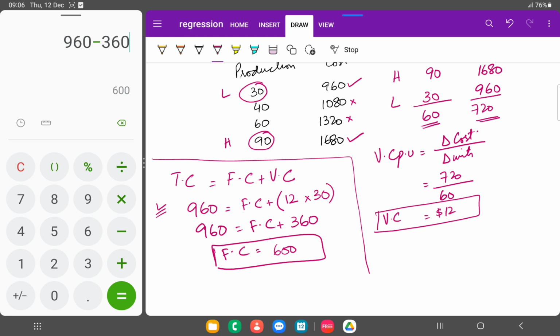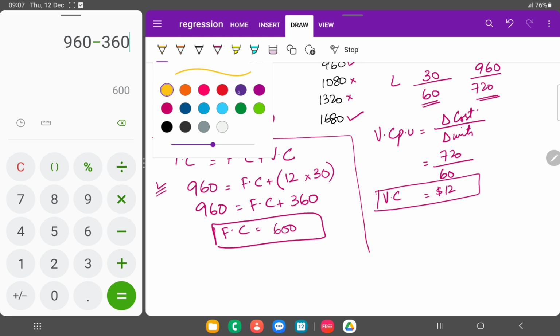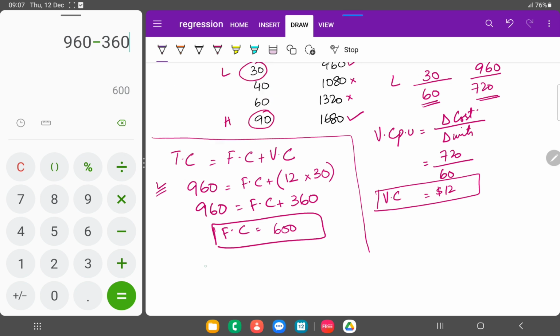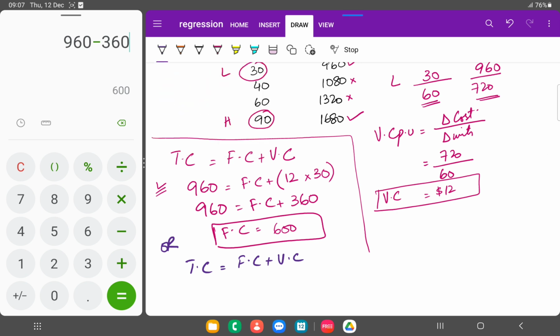But if someone wants to use the highest activity level, how can that be used? We do the same thing, but with respect to 90 units. Total cost is equal to fixed cost plus variable cost. For total cost we consider 1680.